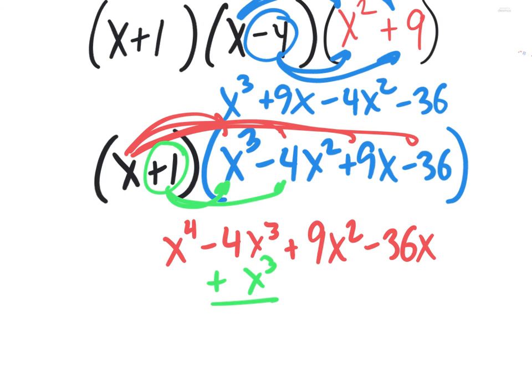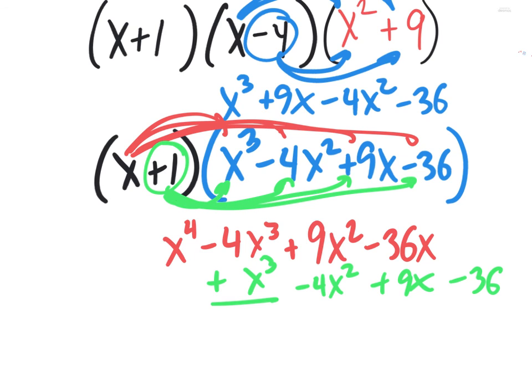So 1 times negative 4x squared is negative 4x squared, lining it up below the other x squared. 1 times 9x is 9x, lining it up below the other x. And 1 times minus 36 is minus 36. And now it's really easy to combine like terms because they're all lined up.